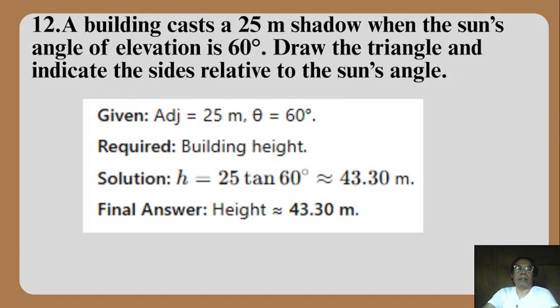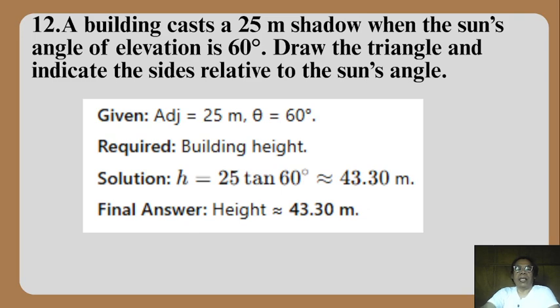Number 12. A building casts a 25-meter shadow when the sun's angle of elevation is 60 degrees. Draw the triangle and indicate the sides relative to the sun's angle. So we're given adjacent 25 meters, theta 60 degrees. So required is the building height.